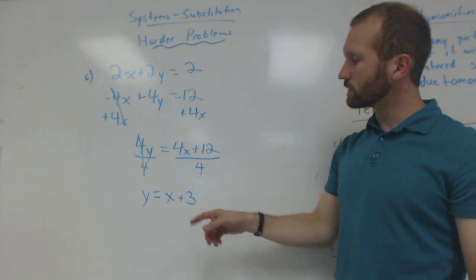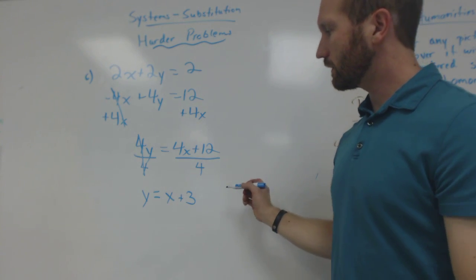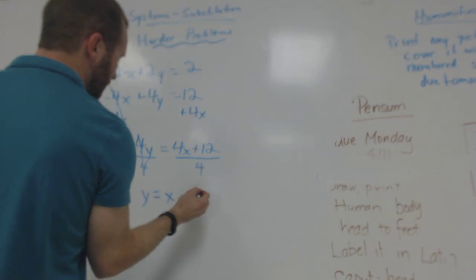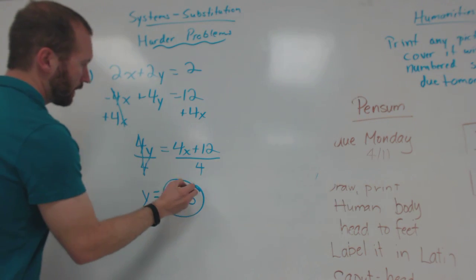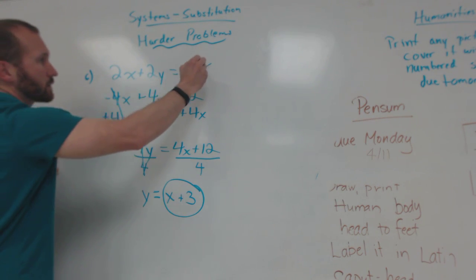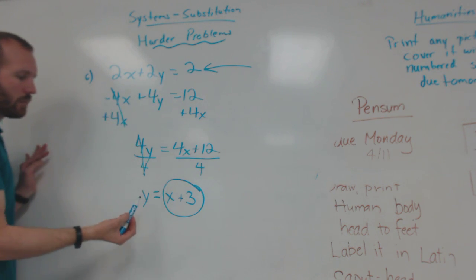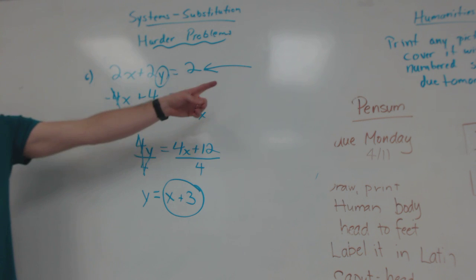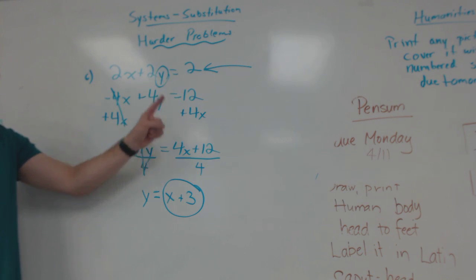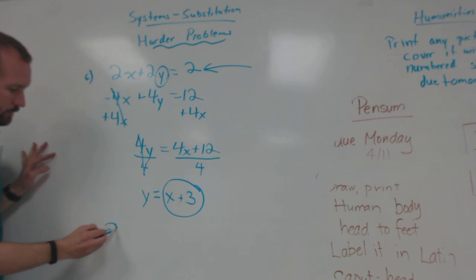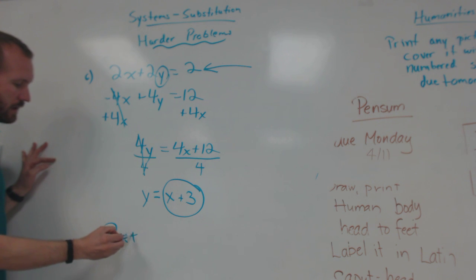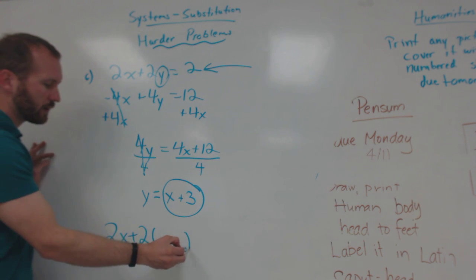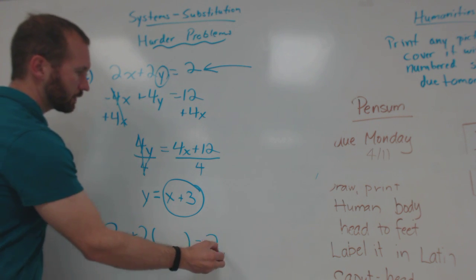Now that I have y equals x plus 3, I'm going to circle my x plus 3 here. I'm going to go back to the other equation, this one, and find y. Now I'll rewrite this whole equation, except instead of y, I'll put this. 2x plus 2, for now I'm just going to put parentheses, equals 2.